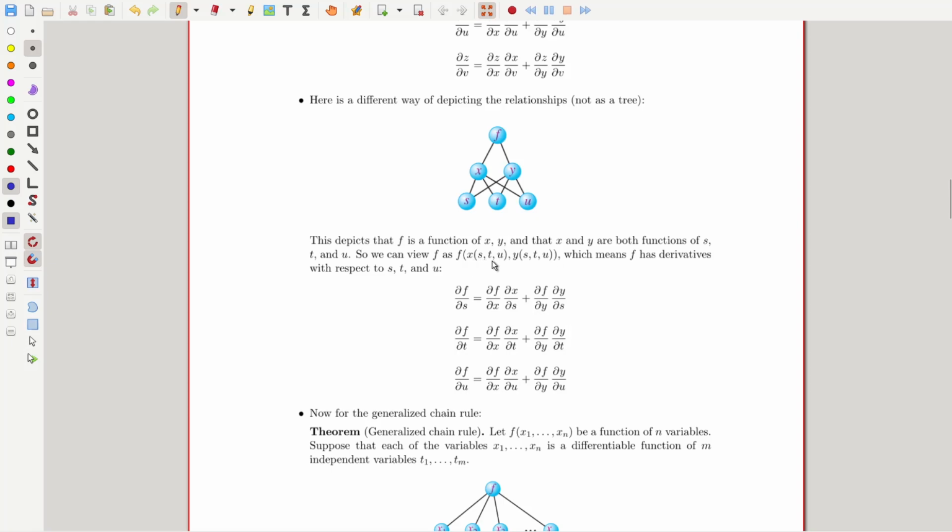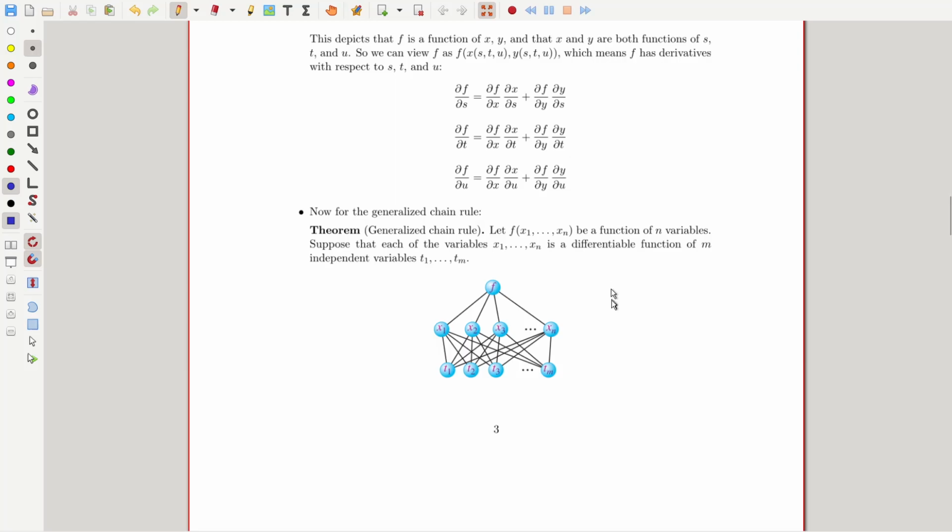You have x a function of s, t, and u, y a function of s, t, and u, f a function of x and y. And so f, ultimately, if we do those compositions, f depends on s, t, and u, and we can take partial derivatives with respect to s, t, and u, which you would then be able to do. And I've written them out there.